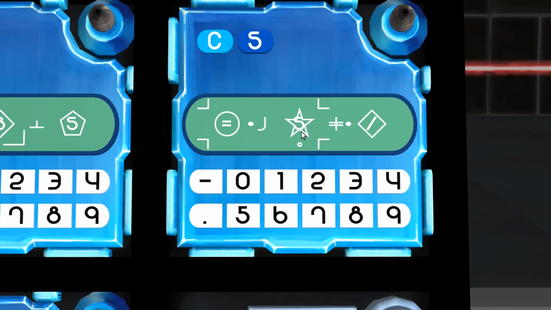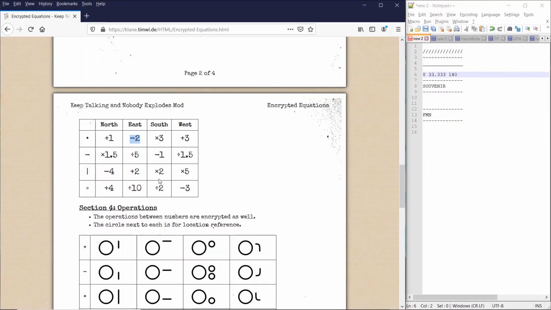Okay. For the second symbol, we have an empty dot that is south, and since it's south, we're going to divide our middle value, which is 33.333, by 2.